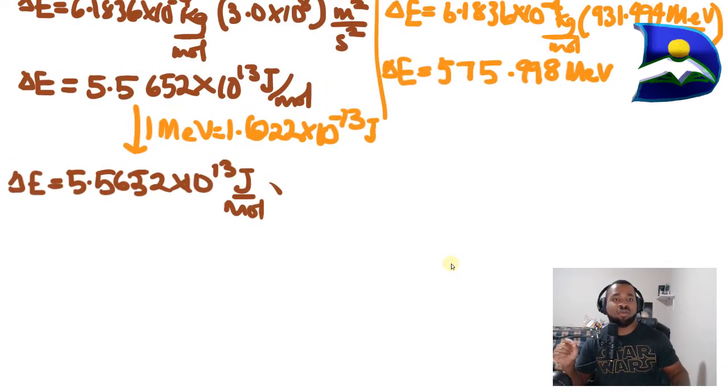And so in this case, we're going to be multiplying by 1 mega electron volt over 1.6022 times 10 to the 13 joules.